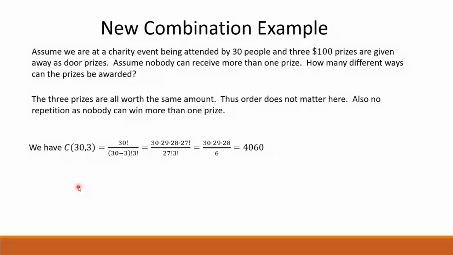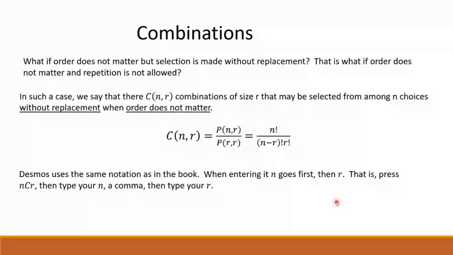Could you just explain how come it's 30 times 29 times 28 times 27? How come it is only a select few numbers and it just decreases? Oh, so basically this is the formula I'm using here.